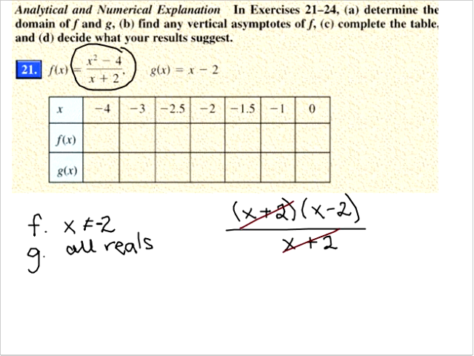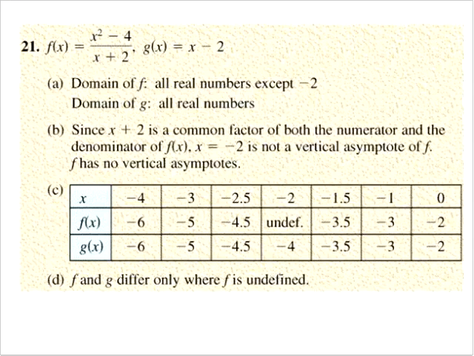However, just because there isn't a vertical asymptote doesn't mean that the graph is solid. We have what we call a hole at that point. So there's not a vertical asymptote, but we do still have a hole. And when we fill in our tables, that's why we get undefined right there when we plug negative 2 into f of x.